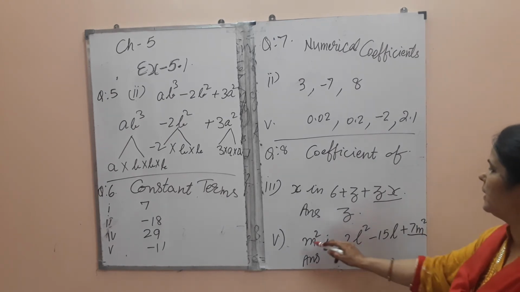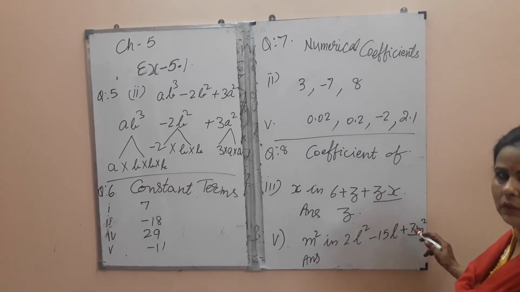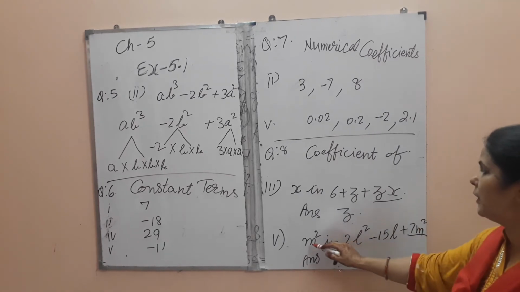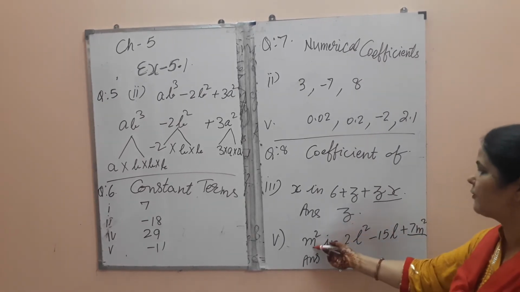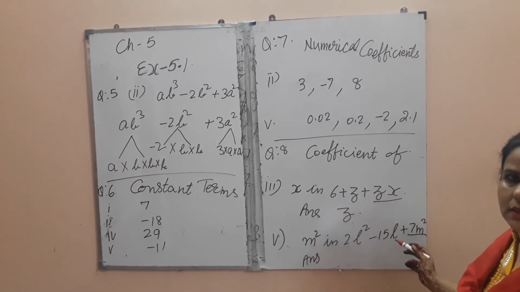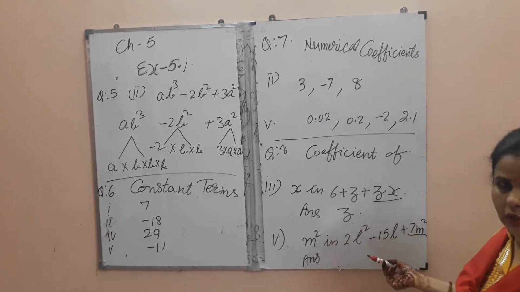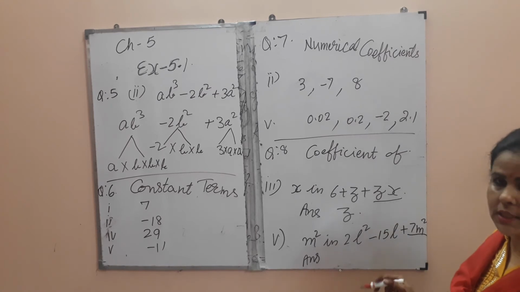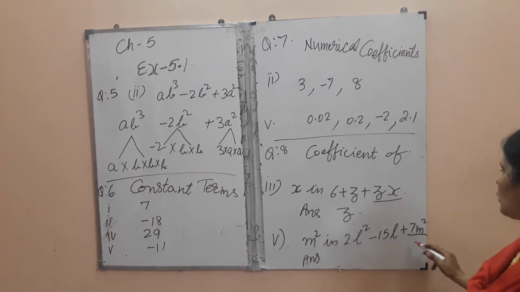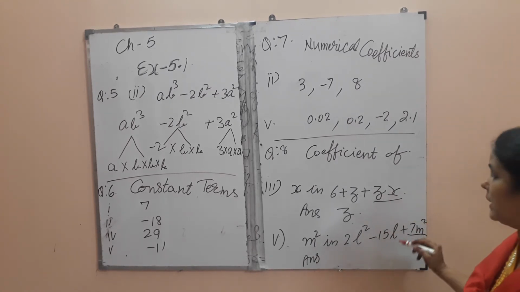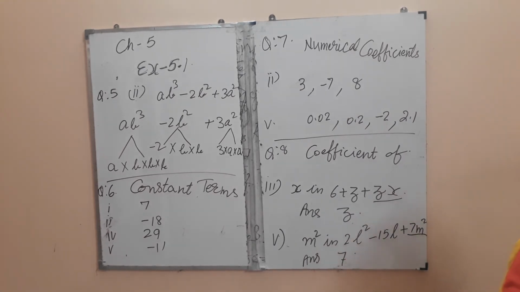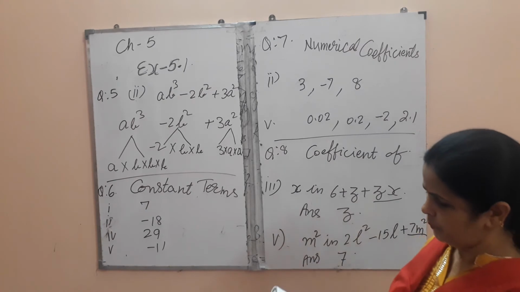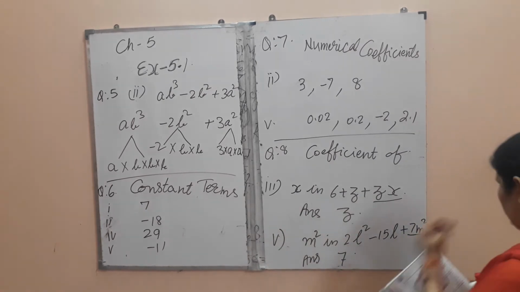So its coefficient will also be in this term only, because if it is not in this class, how can its friends, or its coefficients or its associates, be in these classes. So the coefficient of m square will be in this class only. So the answer will be 7. Got it? So like this we will solve this question number 8.